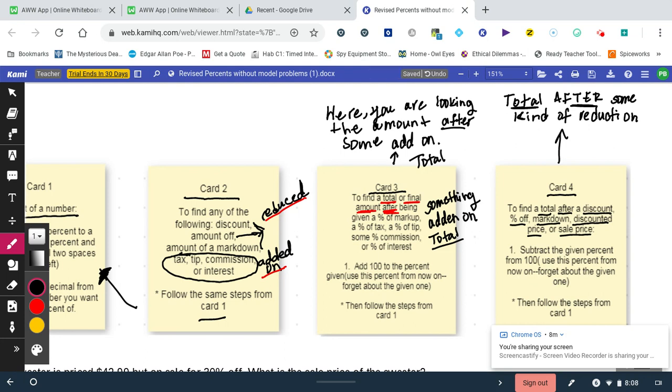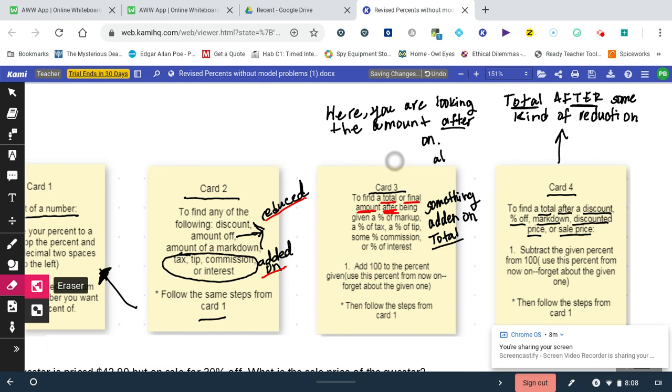Here you're looking for, and let me go back. I'm going to write this a little better so it might make more sense to you.